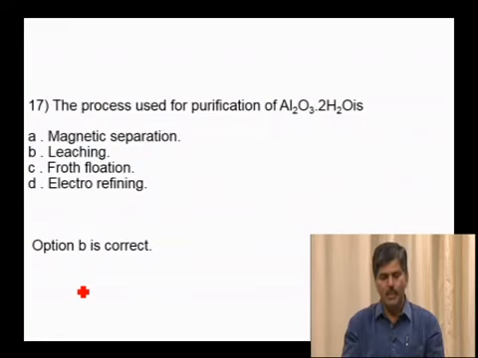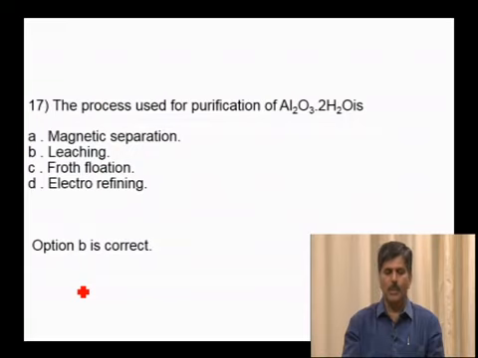In the leaching method, the ore is dissolved in an aqueous solution of strong sodium hydroxide at a temperature of 473 to 523 Kelvin under a pressure of 35 to 36 bar.